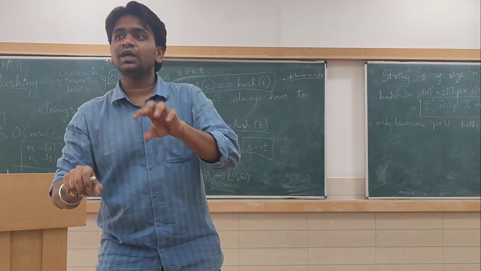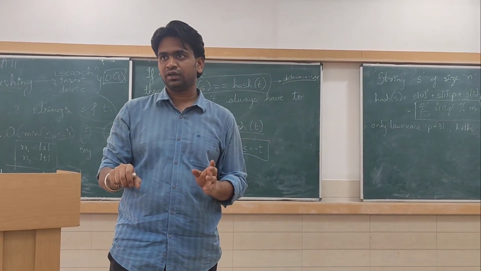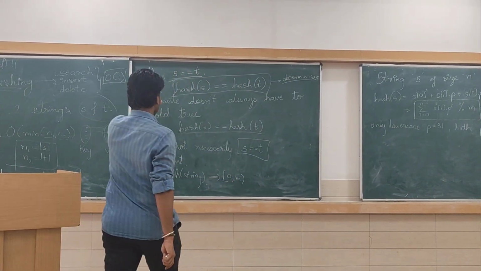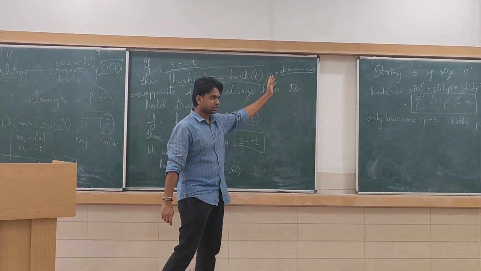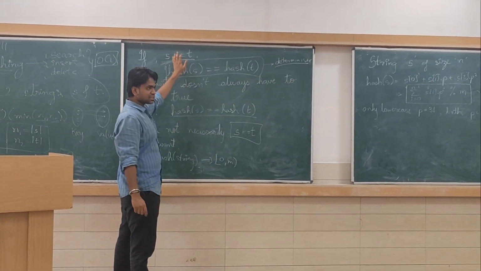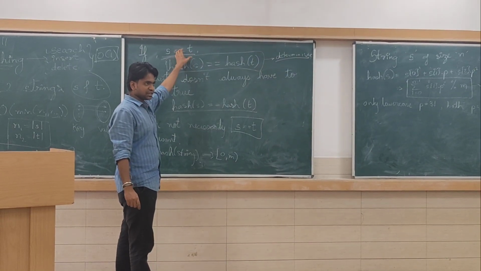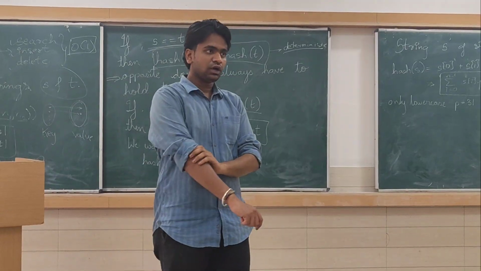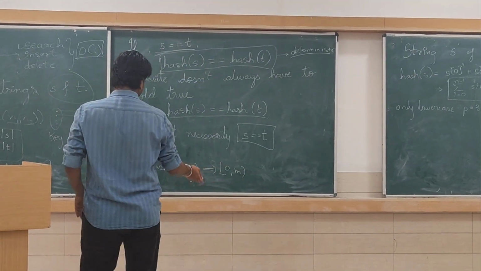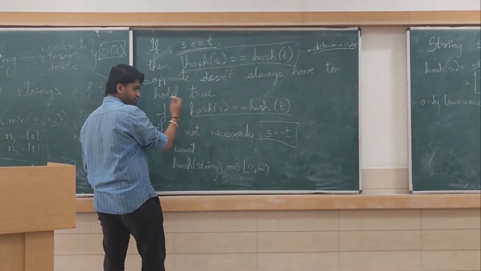But अगर b true है, तो you can't guarantee the truthness of a. So your hash function should be so strong that this one should always be deterministic. If there are two strings s and t which are equal, both of their hash values should be equal, right? Okay. But the other thing is not true.